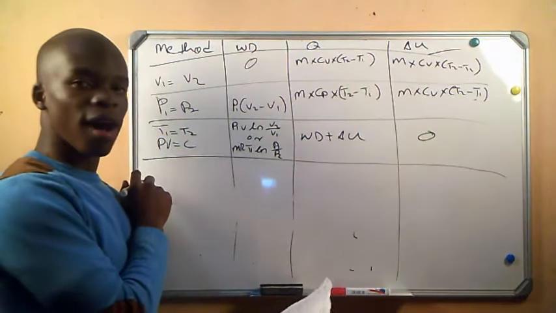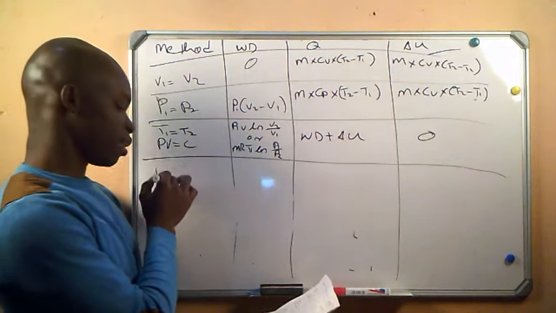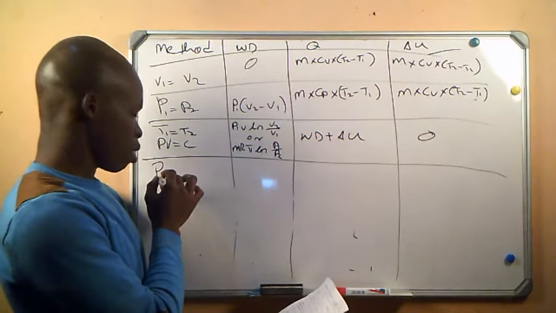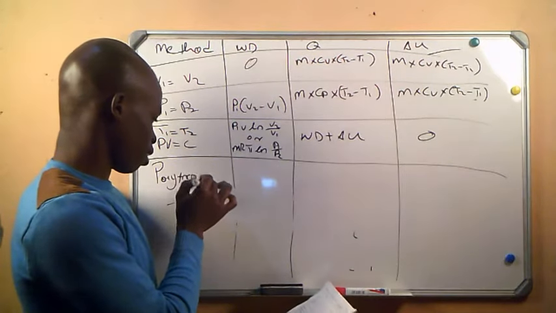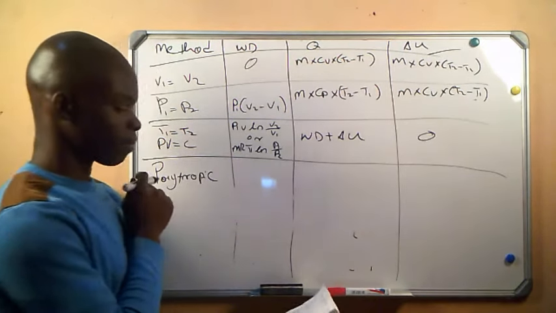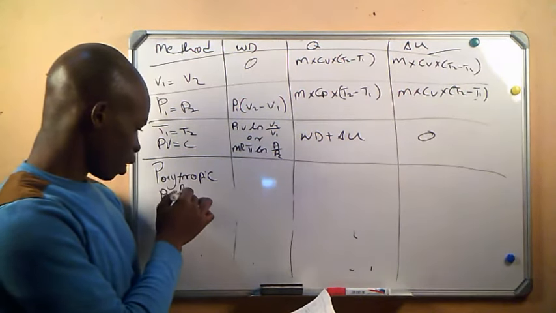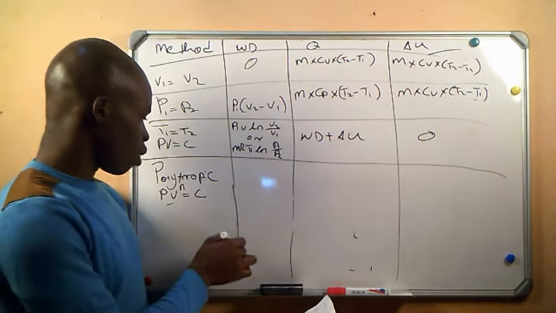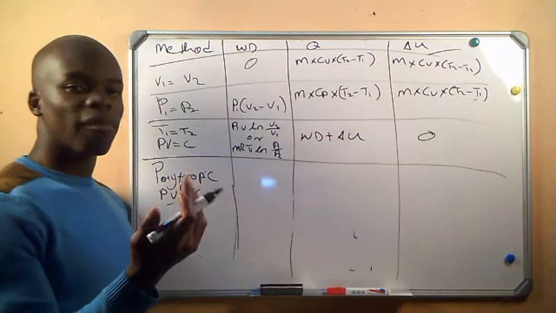Then we have our fourth method, and it is the polytropic method. It's performed using this law: PV to the power n is equal to C, with n being the index of polytropic.